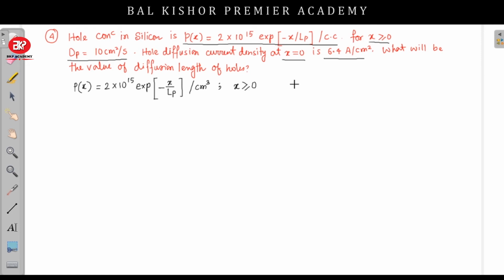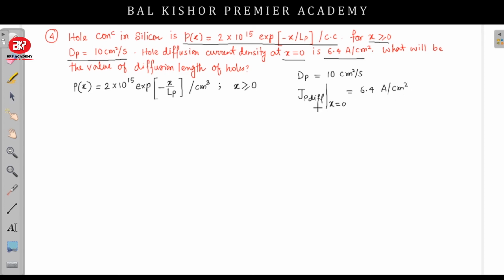Another thing given is the diffusion coefficient for the holes, Dp, which is 10 centimeter square per second, and the hole diffusion current density Jp at x equals 0 is given as 6.4 ampere per centimeter square.